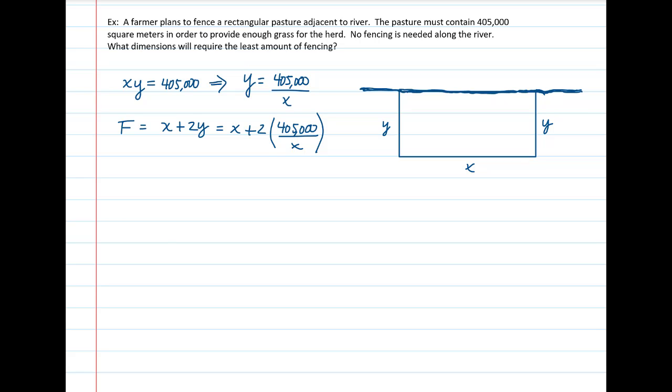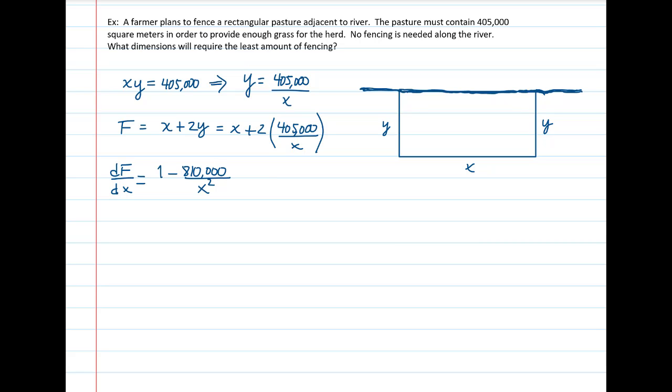In this case, 1x plus 2y, and I'm going to substitute my y from my secondary equation above, and I get x plus 2 times 405,000 over x. Now with that, I'm ready to take the derivative of this function with respect to x, and that's going to be equal to 1 minus 810,000 over x squared.